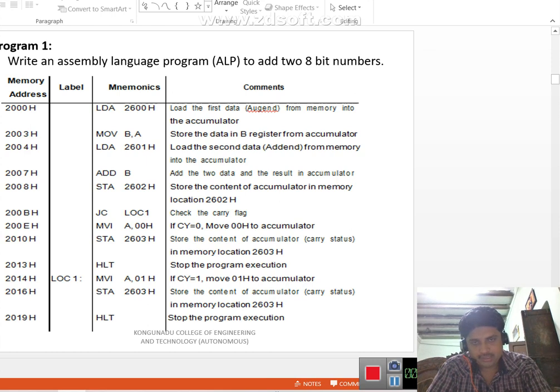That address is loaded by the LDA instruction. After that we move the data from B to A, which are registers. Totally we have 6 types of registers. So the B register is moved to the A register. After that we add the data and store the result in a particular memory location. So this is the basic idea about the ALP program.